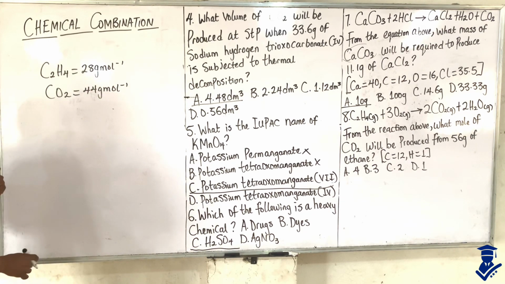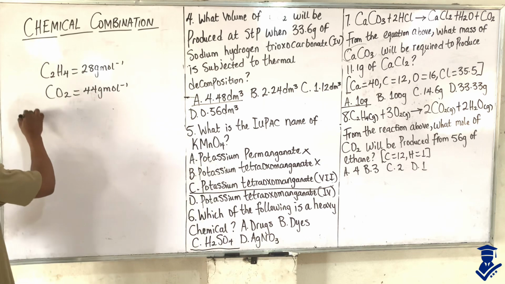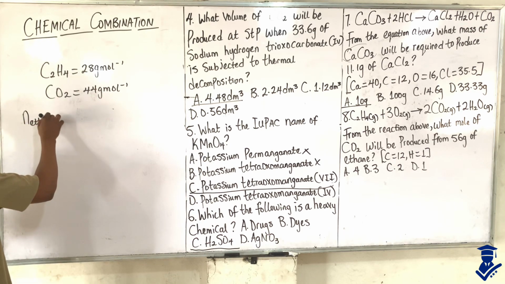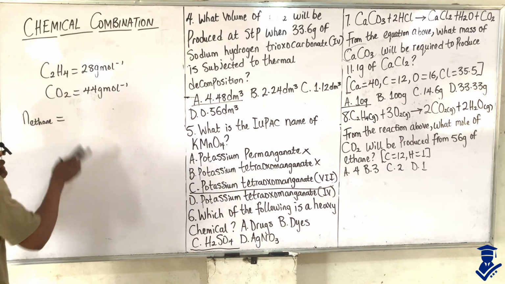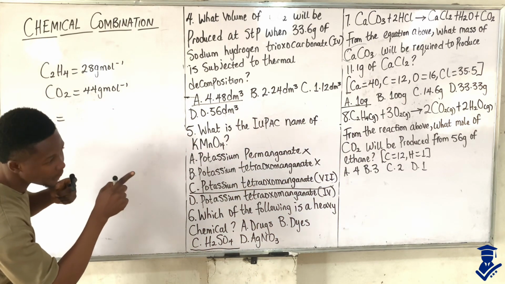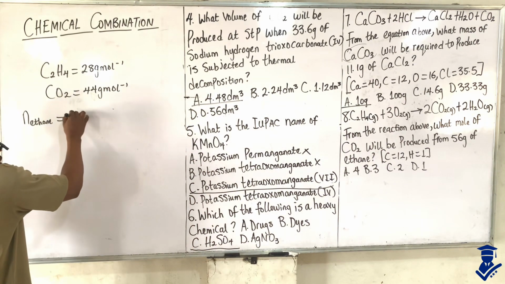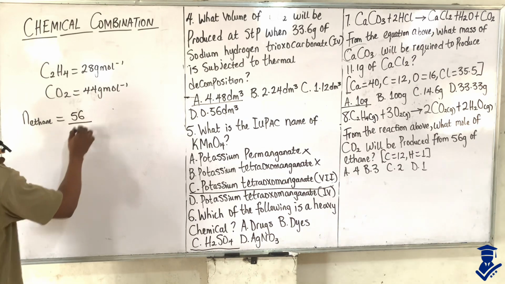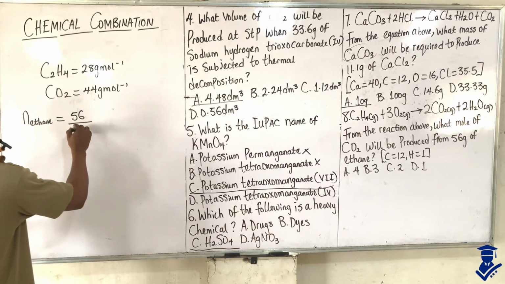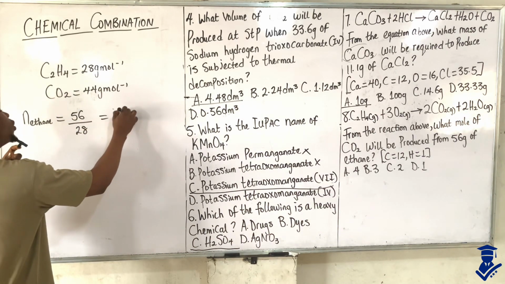So now let's find the mole of ethane, which is C2H4. Mole is mass over molar mass. The mass given to us is 56 over the molar mass, which is 28.